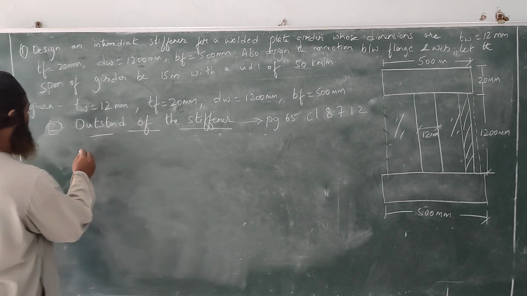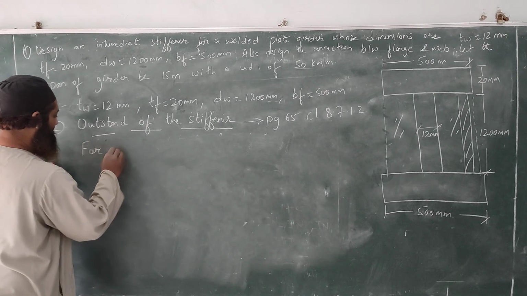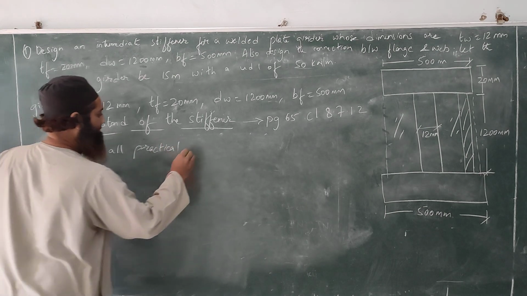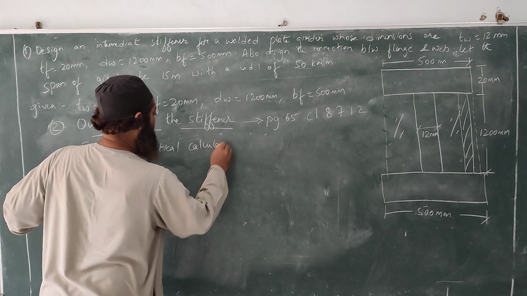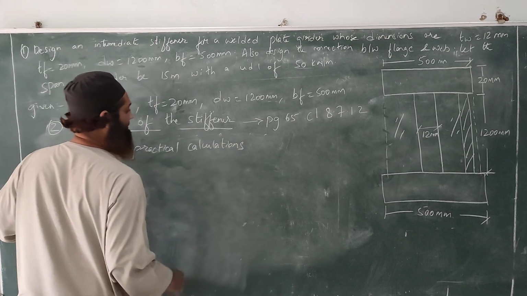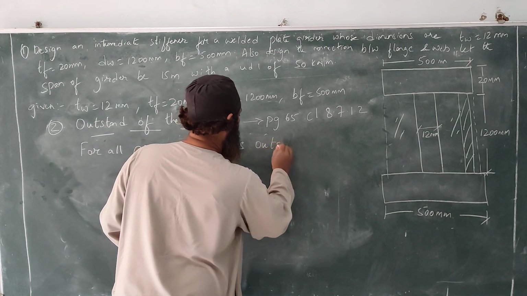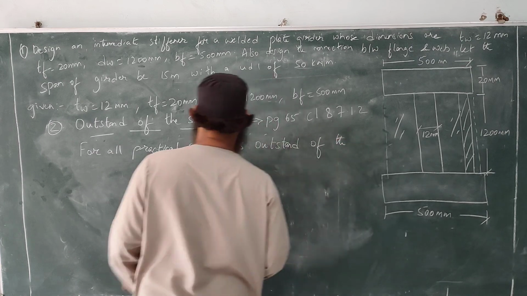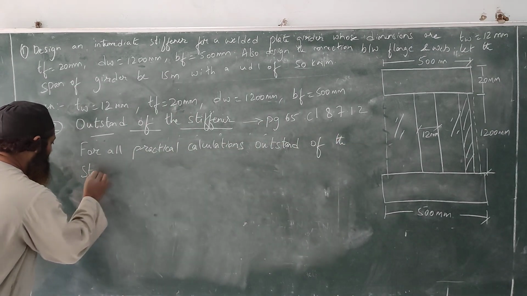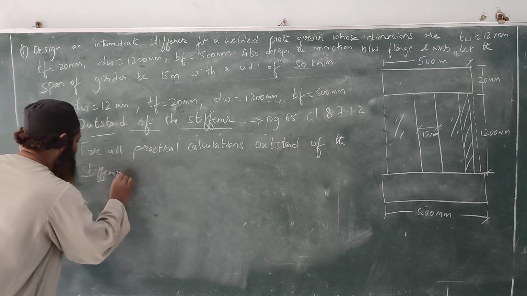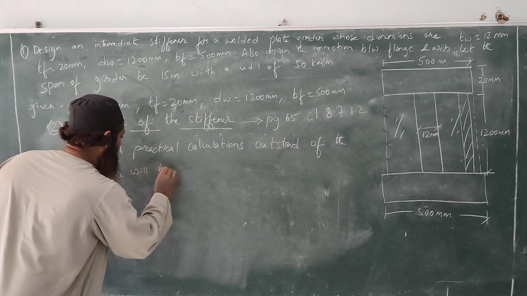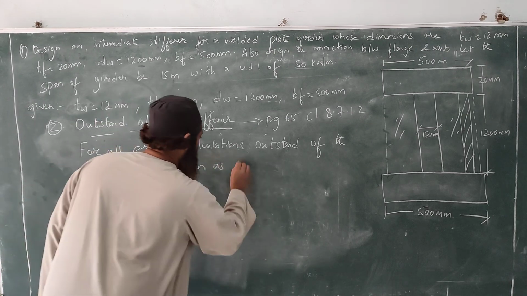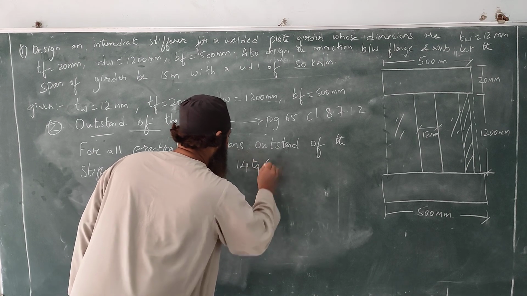So for all practical calculations, the outstand of the stiffener will be taken as 14 t_q ε.